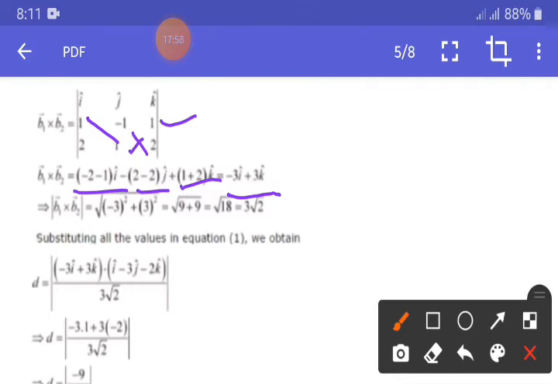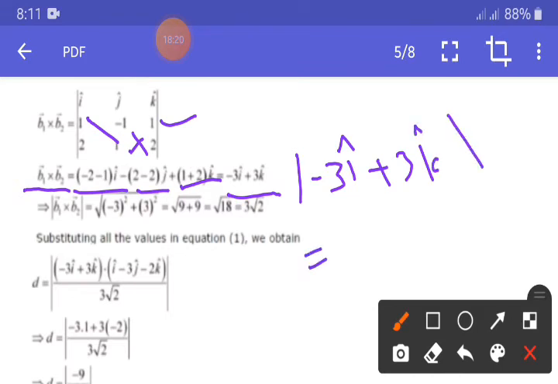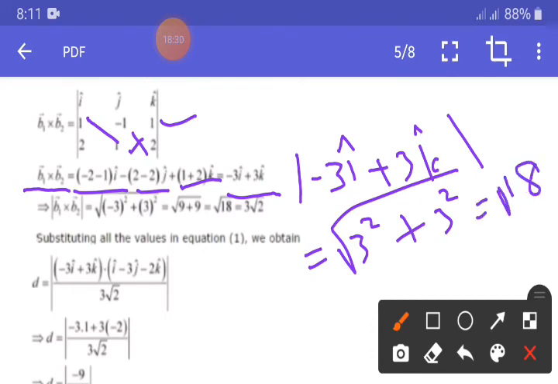The magnitude of B1 vector cross B2 vector, where the vector is minus 3i cap plus 3k cap, is the square root of 3 squared plus 3 squared, so the square root of 9 plus 9, which is 18.